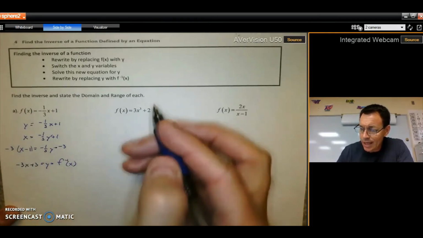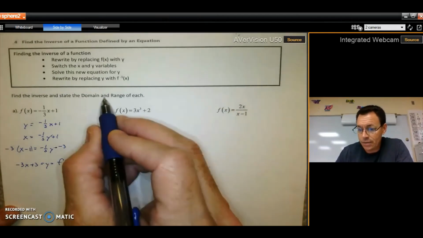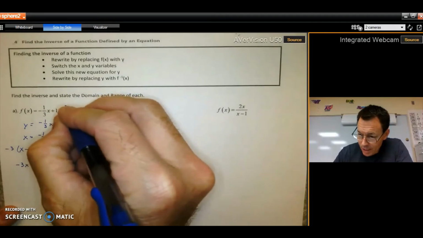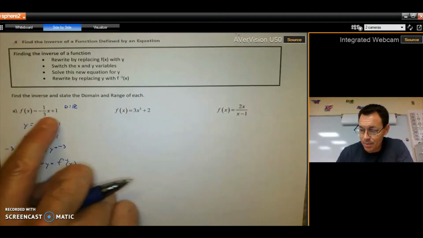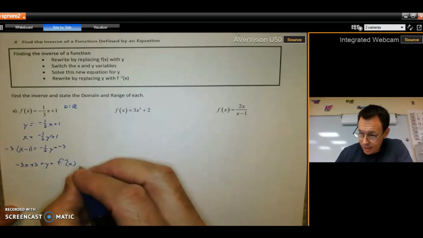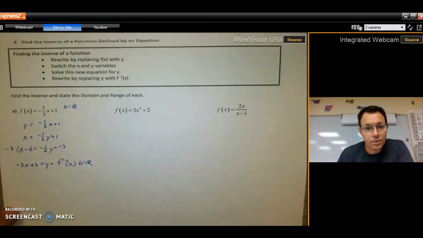And state the domain and range of each. Now, we know how to find the domain of a function. We can look at this function and I can tell you the domain is all real numbers because there's no x in a denominator and there's no radicals or anything. I can look at this function and I can tell you the domain of that is all real numbers. That's all I need to know how to do.